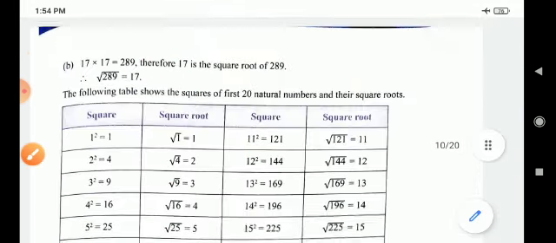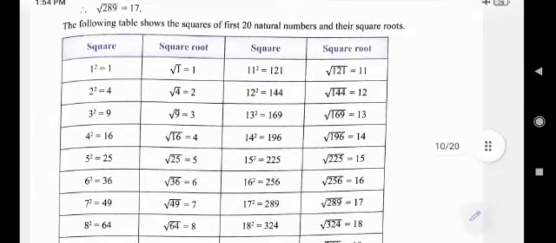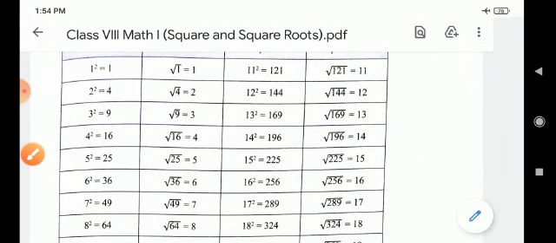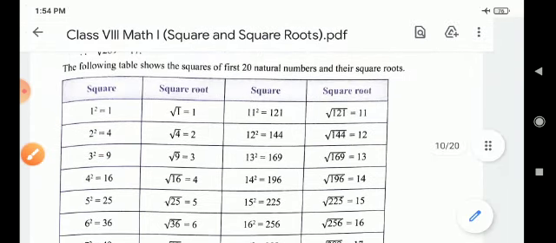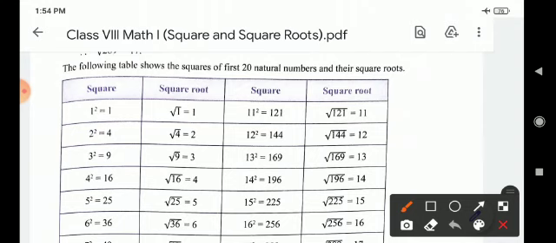Now I will consider some squares and square roots. 1 square equal to 1. The square root of 1 is 1. 2 square equal to 4. Under root 4 is 2. 3 square is 9. Under root 9 is 3. And 4 square equal to 16.